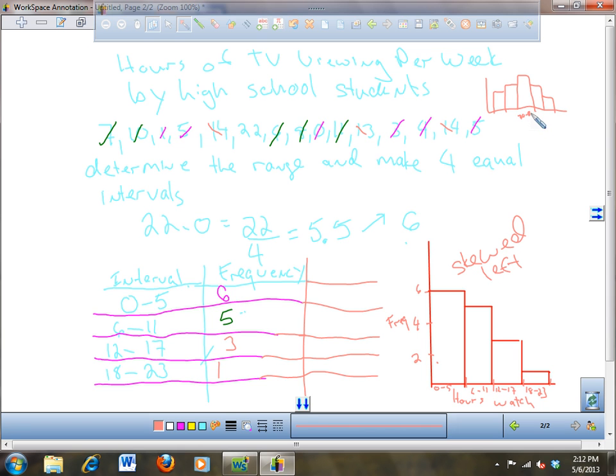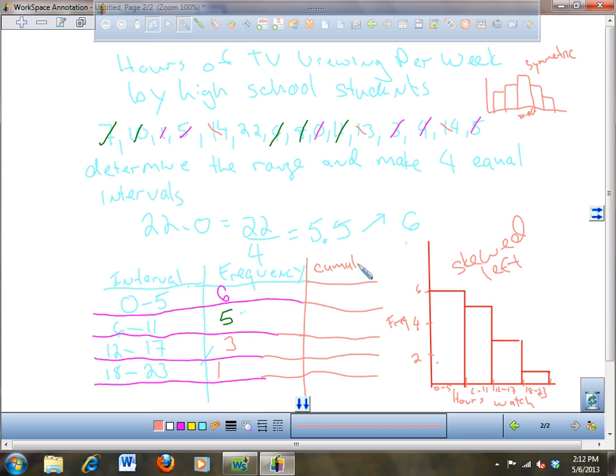We would hope to get this kind of distribution, like 70 to 80 in here, and then fewer people get 80 to 90. This is called a symmetric distribution, and this is called a skewed distribution.